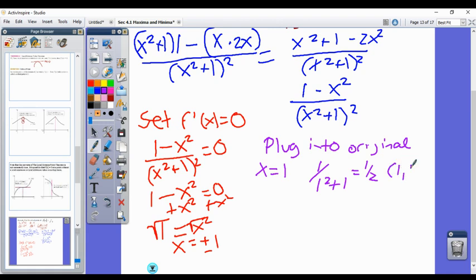So I have 1 comma 1/2. And then I'm going to plug in negative 1. So negative 1 over negative 1 squared plus 1 is going to give me negative 1/2. So negative 1, negative 1/2. All right, and then if you plug in your original function into a graphing calculator or Desmos, you will see that the first point is a local and absolute max.